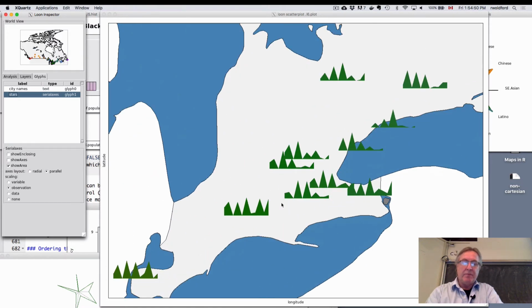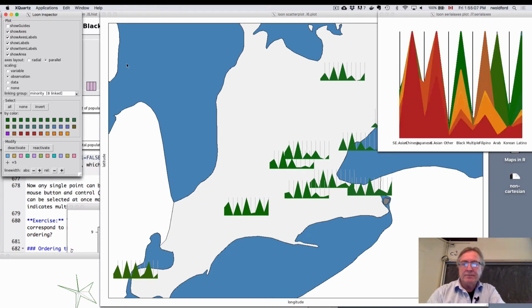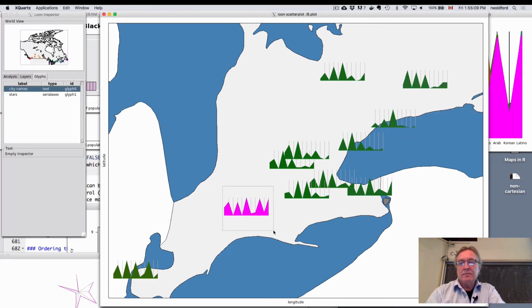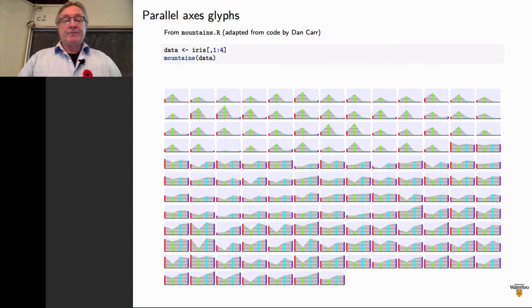So we can see the mountain ranges representing the different dimensions with the axes. And again, just to be comparable, where is it? Parallel. Right? So you can see it there. So either axis system can be placed on top of the Cartesian and made interactive.